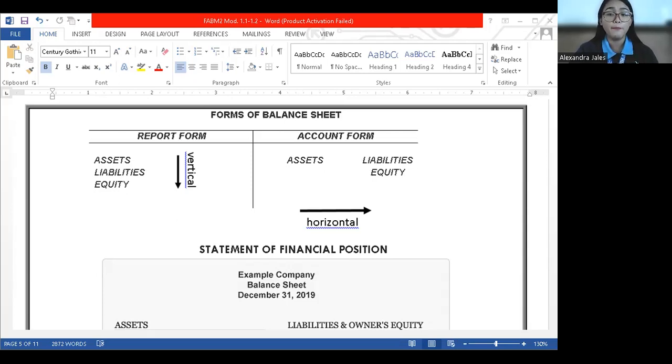And also, I have prepared a sample blank sheet of Excel for everyone. So your teacher might be giving that to you right now, or maybe your teacher in charge already gave it to you a while ago.